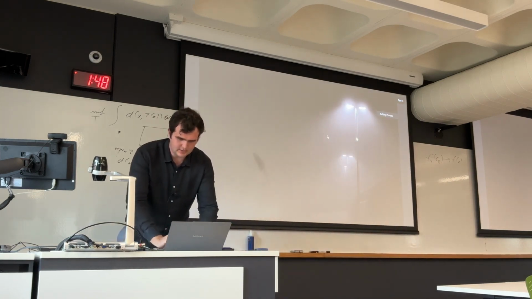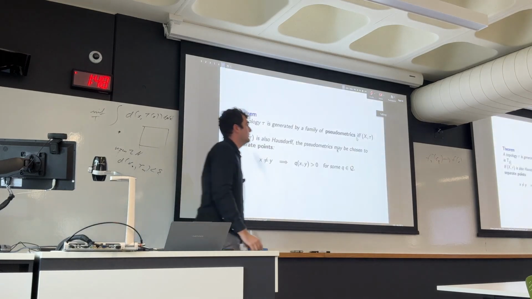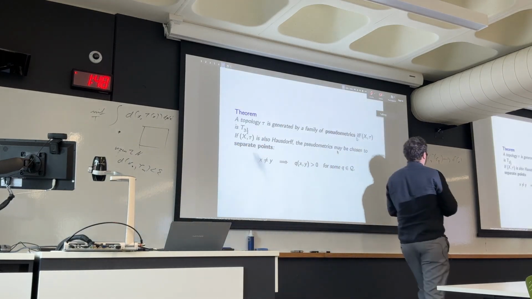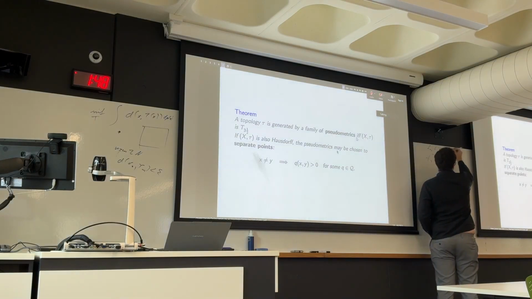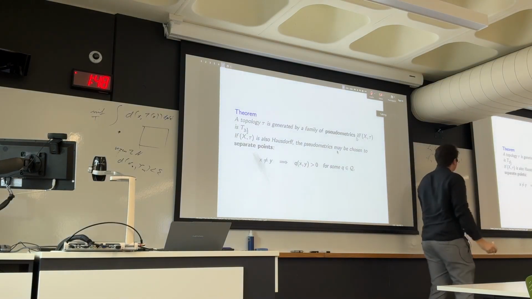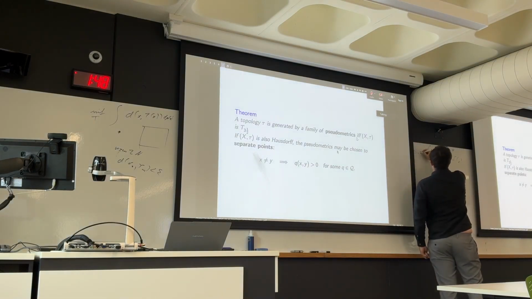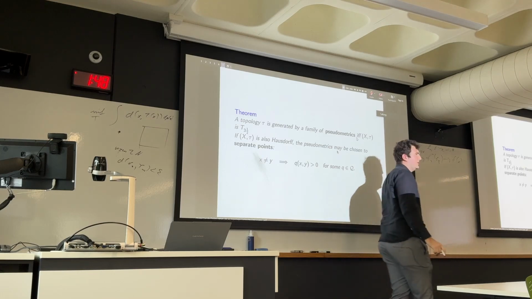You have f_n and f defined on X, say to the reals, and if x_n converges to x, that means f_n(x_n) converges to f(x).